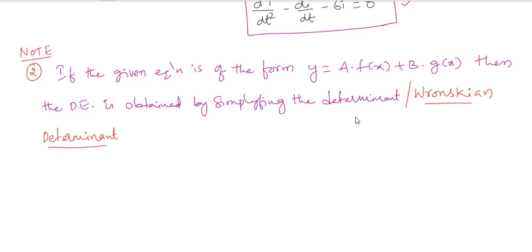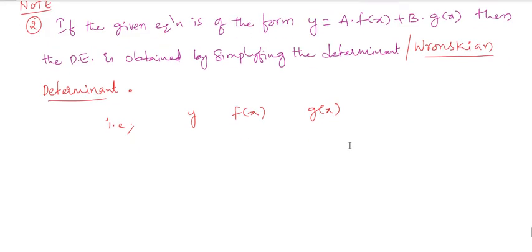So they just gave you y here, f of x, this is g of x, right? Then similarly y dash, f dash, g dash, and y double dash, f double dash of x, then g double dash of x.